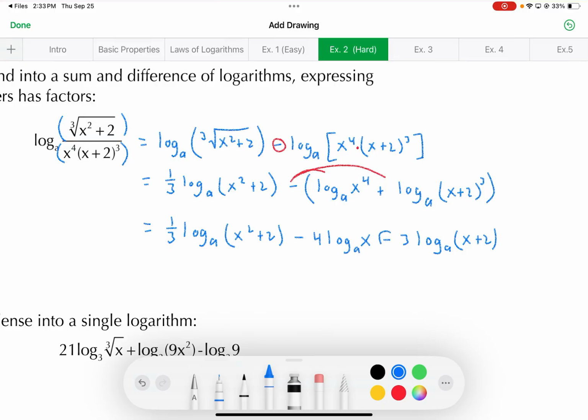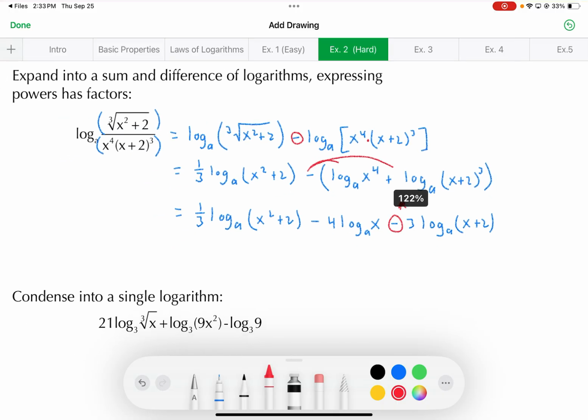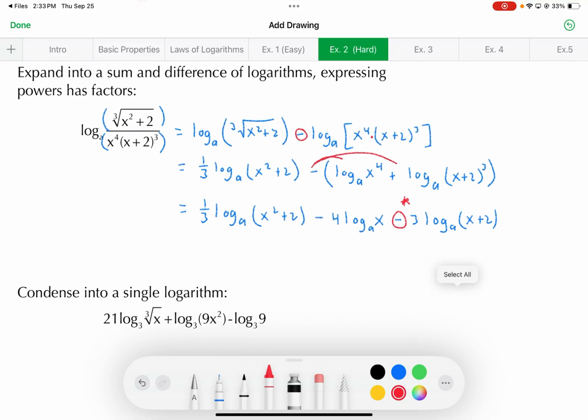So this is key right here. That guy, make sure you have that as negative. Initially, it should have been addition, but we have to distribute that negative to turn it to subtraction. That's as expanded as we can make that one.